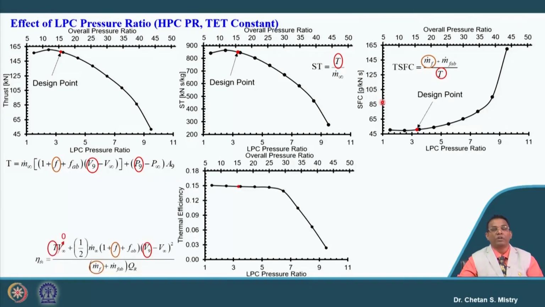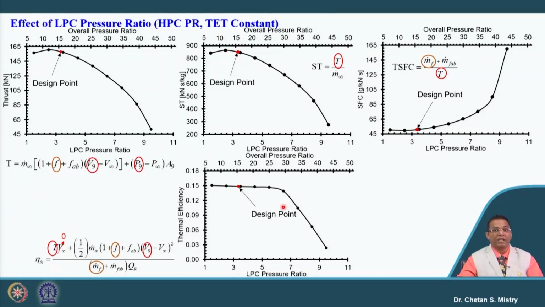Now, let us look at what is happening with our efficiency. Since we are discussing the ground condition, propulsive efficiency and overall efficiency do not come into the picture. Here it is interesting to observe, this is what represents my design condition, my thermal efficiency remains nearly constant up to a particular pressure ratio, and thereafter the efficiency reduces drastically.